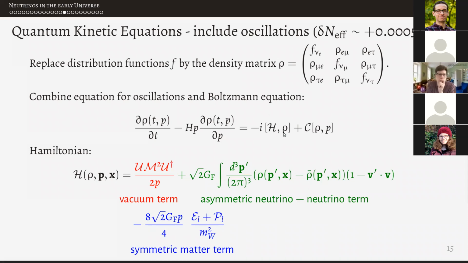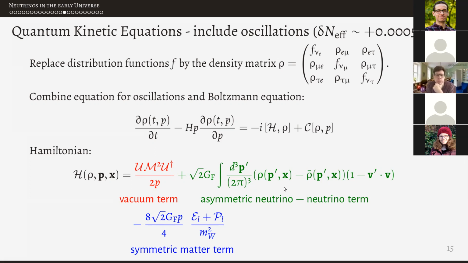That is equivalent to the Schrödinger equation that Shashank showed before. So the Hamiltonian has the form here. There's a vacuum term, which consists of the mass matrix of the neutrinos rotated by the PMNS matrix, and divided by the momentum. This just accounts for vacuum oscillations.